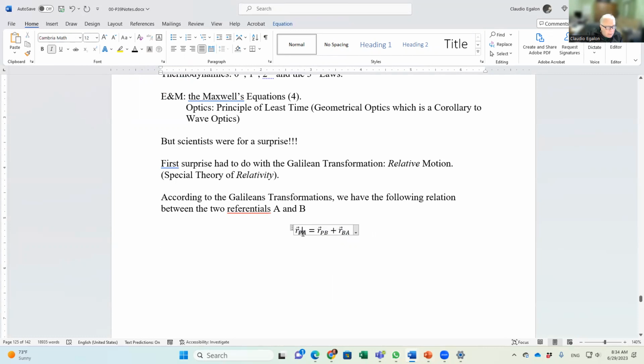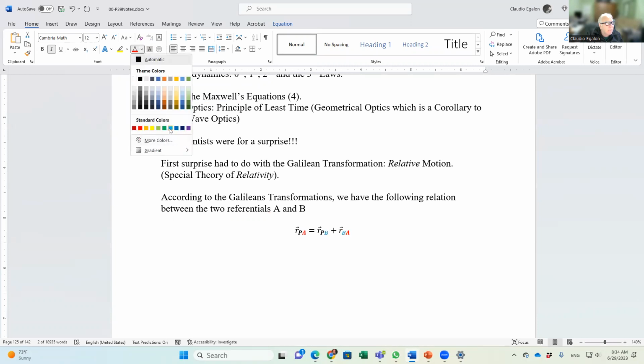Because we have P here, and we have P here. We have A here, and I'm going to put both facing red. And we have A here in the other term on the right side. It's not difficult to memorize. And finally, this B here, it is as though this B is canceling out with this other B. Okay, and I'm gonna put that in blue color, blue bold color.